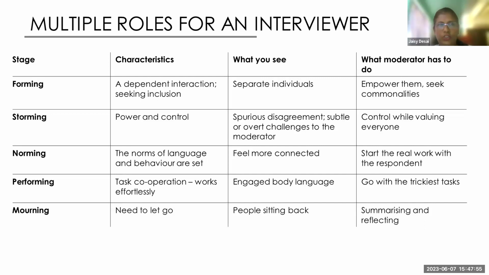Then the moderator has to take control of the situation, ask the question, get the answer. That's the storming part. The norming is when certain norms are set in terms of language and behavior. Each of them tries to manage or mirror the other person's behavior or actions. So that happens in the norming stage.